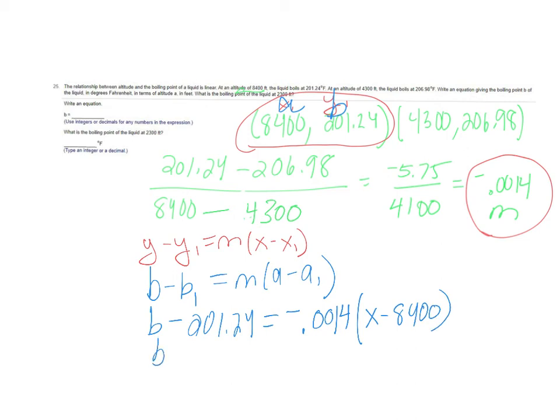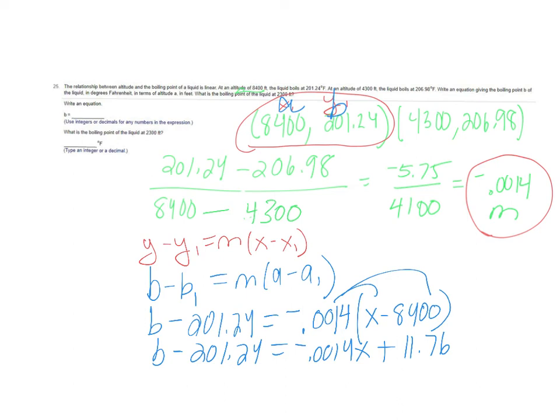And so I'm going to leave this as it is for a second and do the distributive property here. That's going to give me a negative 0.0014x, and then I'm going to multiply that negative 0.0014 times 8400. Okay.